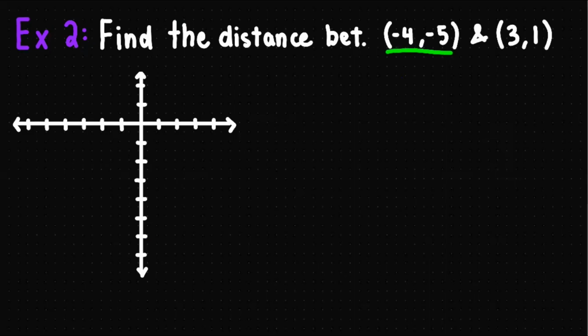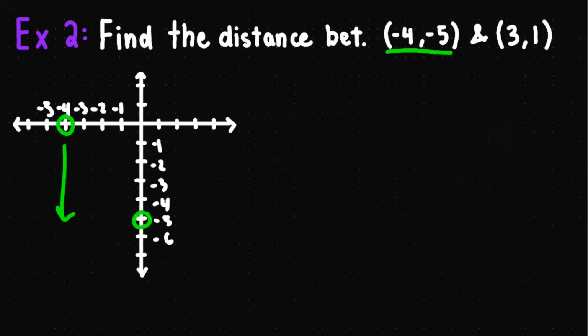So for -4, -5, we will have here -1, -2, -3, -4, -5, and below we have -1, -2, -3, -4, -5, -6 out. So plotting it, the x coordinate is -4 and the y coordinate is -5. So it is around here.